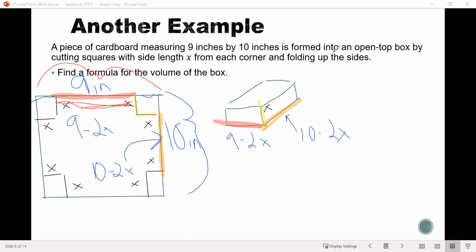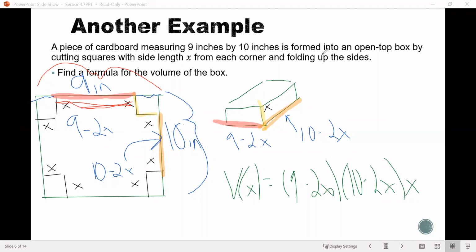So our volume formula then, if you remember to find the volume of a box like this, you multiply length times width times height. So we do 9 minus 2x times 10 minus 2x times x.